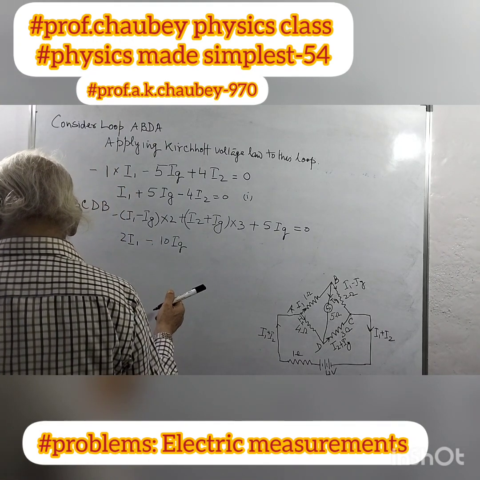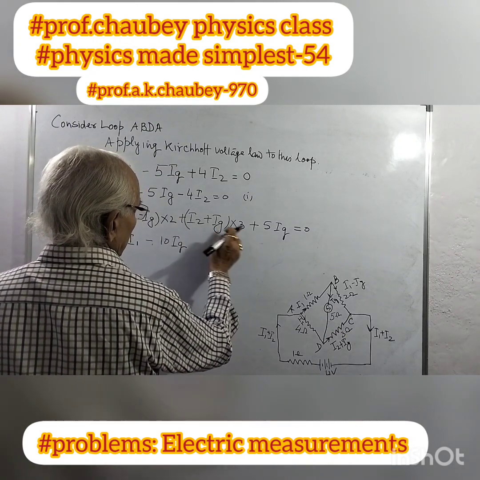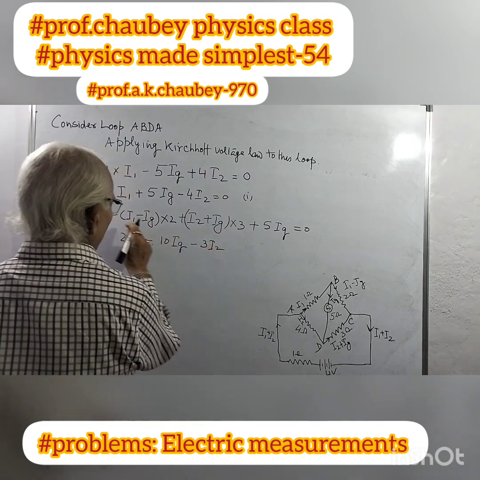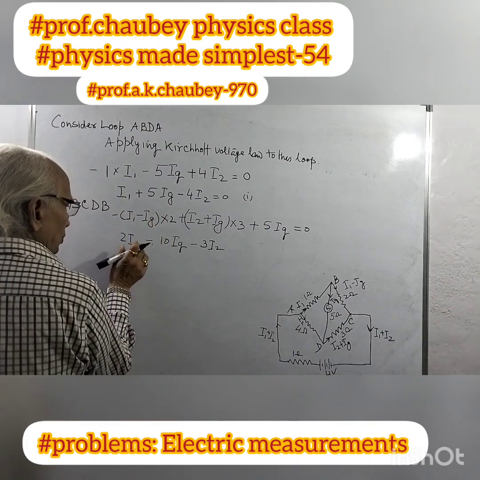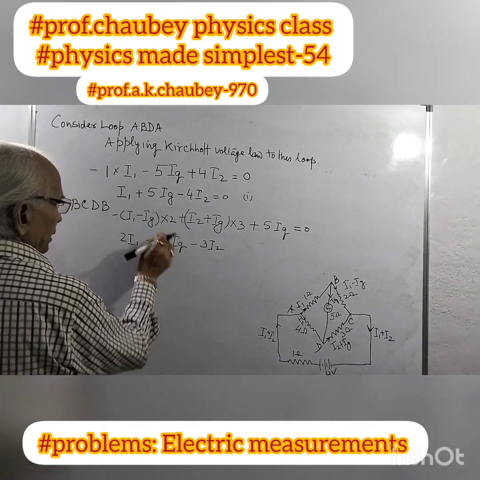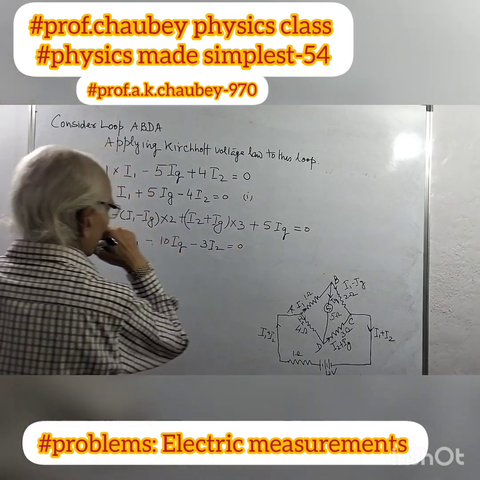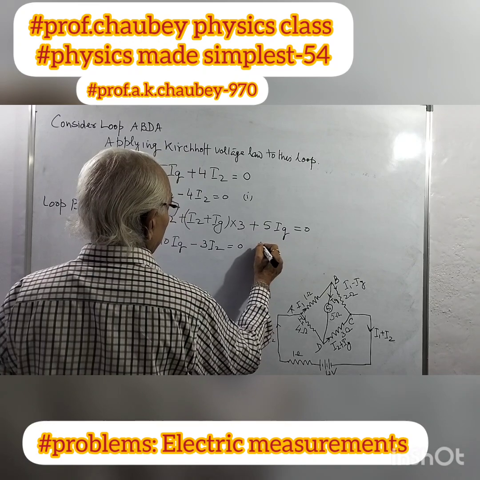Throughout minus, and multiplying with minus also, so this 3I2 is minus, because I am making I1 plus. So twice I1 is plus, minus 10Ig minus 3I2 is equal to 0. So this is one equation, and I have another equation too.